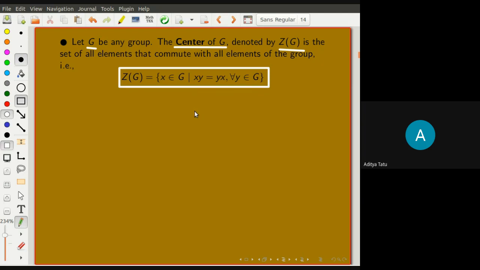In the centralizer, the elements are supposed to commute with only that one element. Elements of the center of the group are supposed to commute with every element of the entire group.